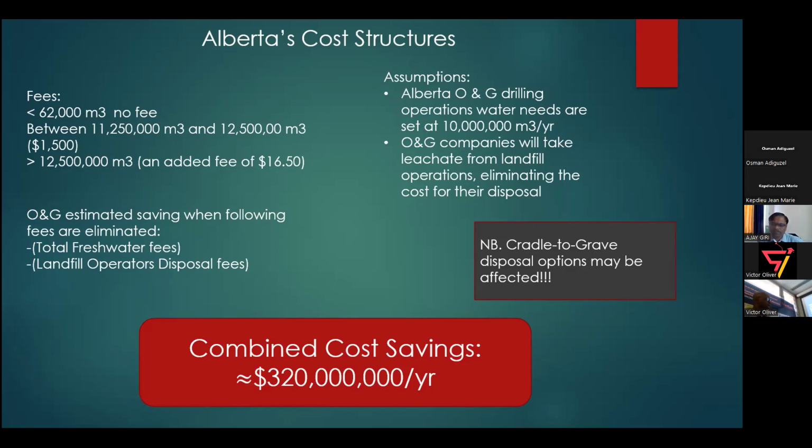Like I said, the bottom line is very important, because the concerns of the oil and gas sector are pretty much two things: the regulations, and what that means for their bottom line. And from the bottom line standpoint, they're going to be saving a lot of money.